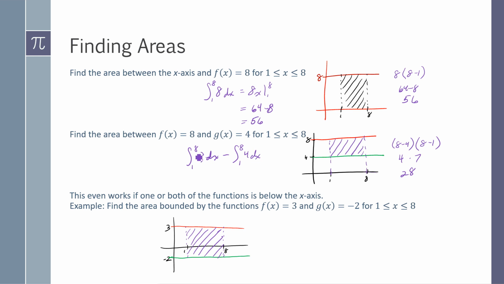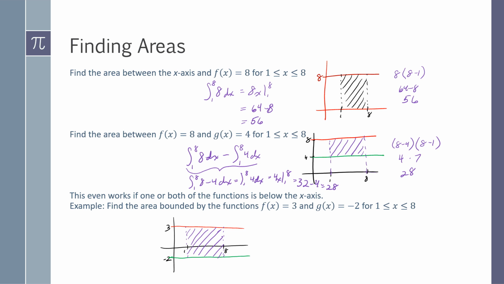But because these have the exact same bounds and they're both with respect to x, I can combine that into one integral using my sum and difference property. So that's the integral from 1 to 8 of 4 dx, which is 4x from 1 to 8, which is 32 minus 4, which is still 28.